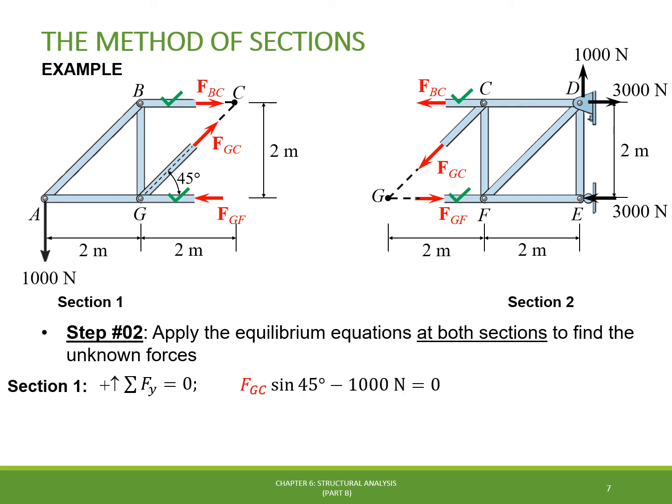By solving the equation directly, we can find that FGC is nearly 1400 newtons, and the positive sign confirms the assumption that FGC is a tension force. Then, the forces in all the three members of interest are determined.